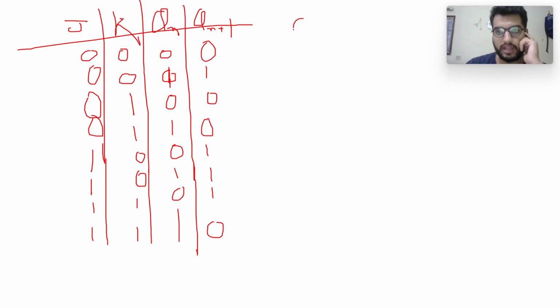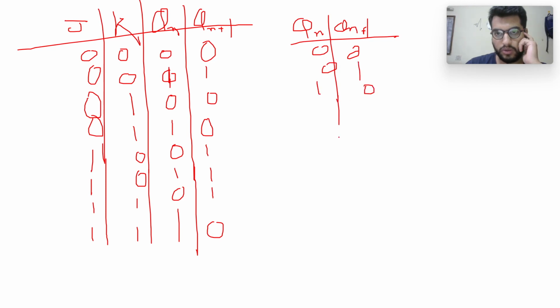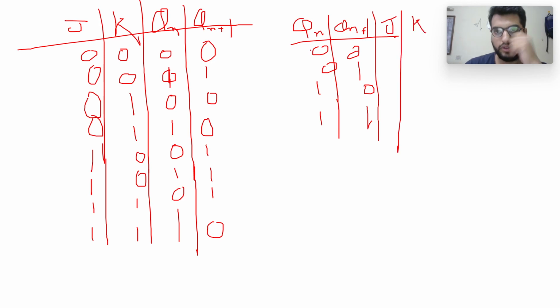Now I have to construct the excitation table out of it. So Qn, and this is Qn plus 1. So here I will have 0 0 0 1 1 0 1 1, and here I will have J, and here I will have K. Qn and Qn plus 1 is equal to 0 0. So 0 0, this is this, and 0 0, it's this.